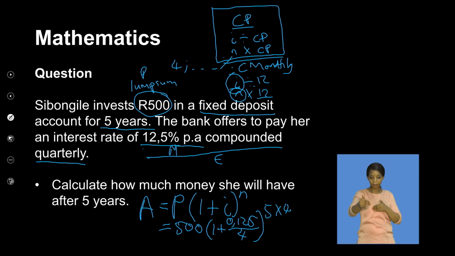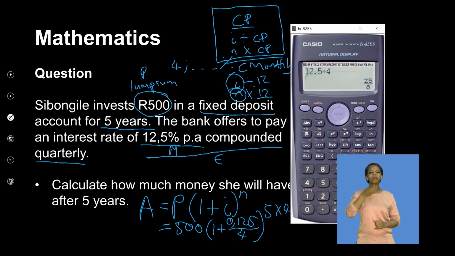Now, to just do this calculation, this is what I will then have here. So, if I want to calculate this, it will be 500, and then I will open a bracket there.